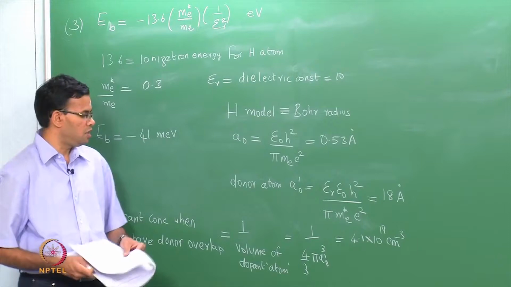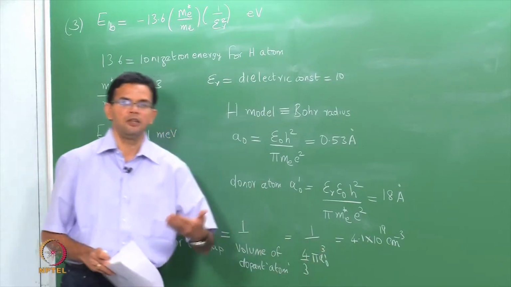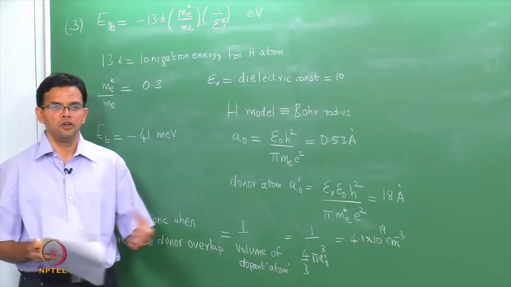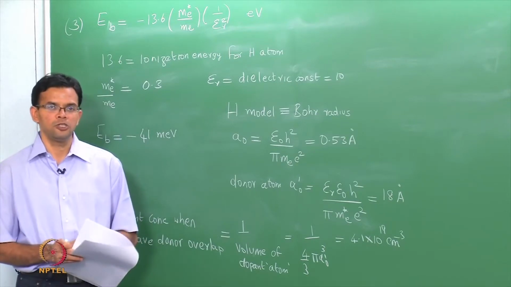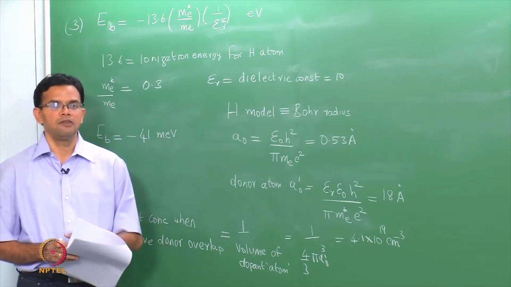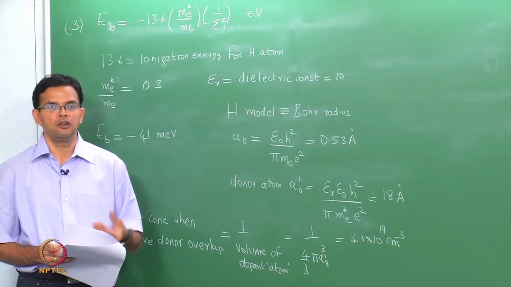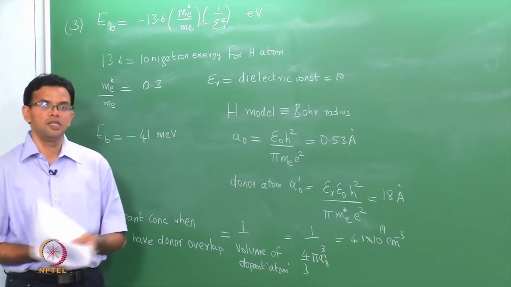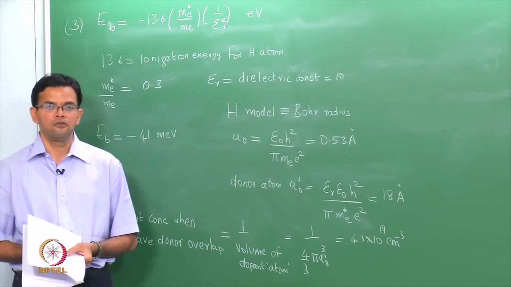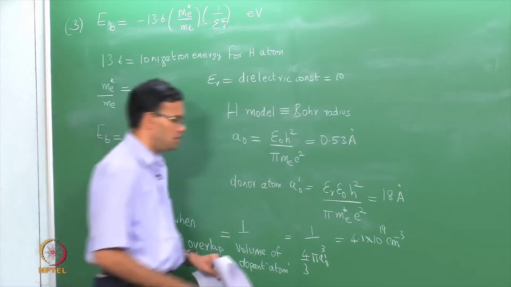At this concentration and at higher values of concentration, your donor atoms are essentially too close, so that the atomic levels mingle and we have a donor band. This determines the condition for forming a degenerate semiconductor.